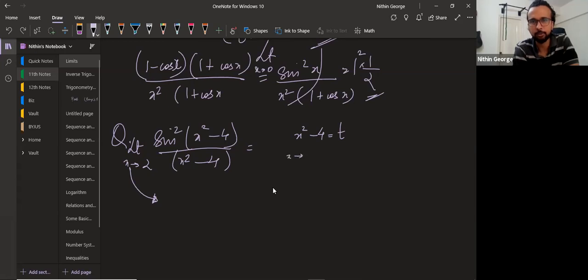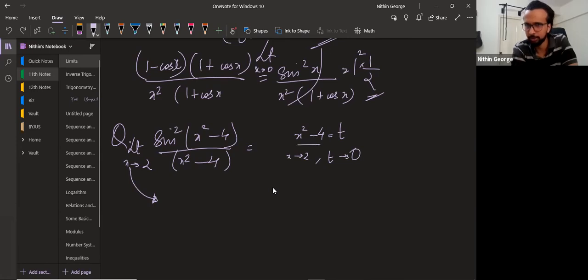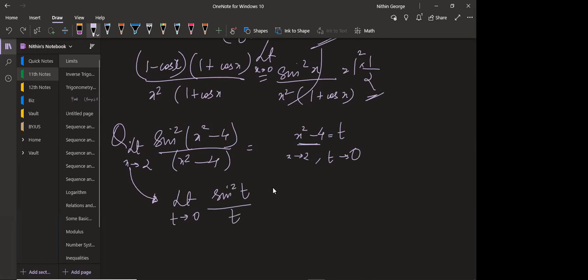So when x tends to 2, what happens to t? T tends to 0. Exactly. Just put x tending to 2 in this, and you get 4 minus 4. So you can see t is tending towards 0 here. So the limit changes to limit t tends to 0, sine square t divided by t. Right?